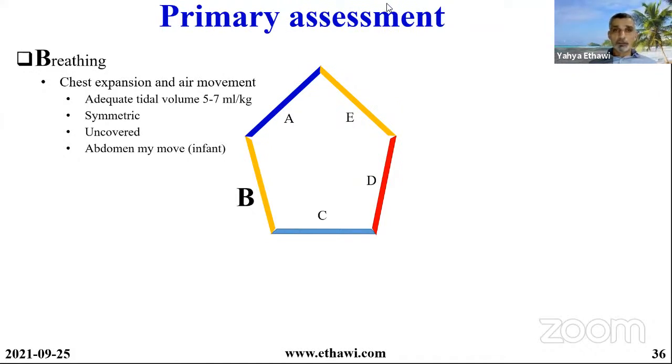The second point is whether the chest expansion is symmetrical or not. When we do that, we should completely uncover the baby from the chin to the diaphragm, and it's better to go up to the umbilicus.